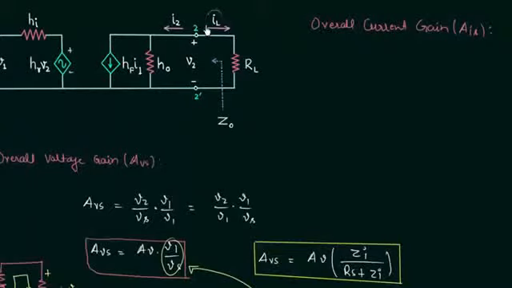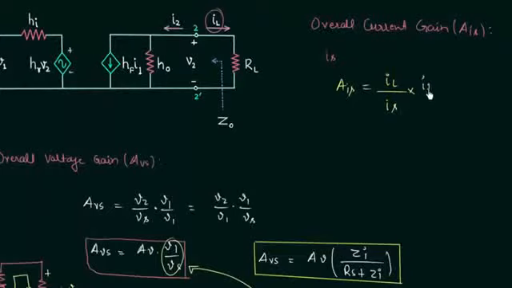The output current is equal to IL, and let's say the source is delivering the current IS. So we have overall current gain AIs equal to the load current divided by the source current. I will multiply the numerator and the denominator by the input current I1.